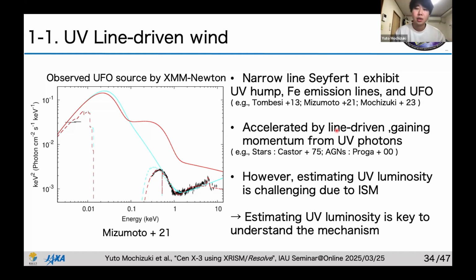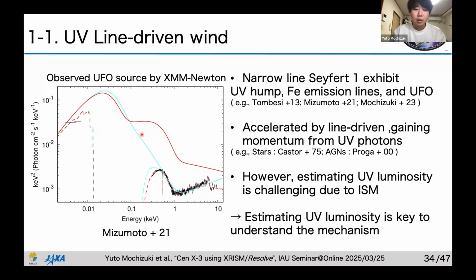Some studies suggested a correlation between supermassive black hole masses and stellar mass system velocities. The left figure shows the X-ray spectrum of an ultrafast outflow source observed by XMM-Newton.